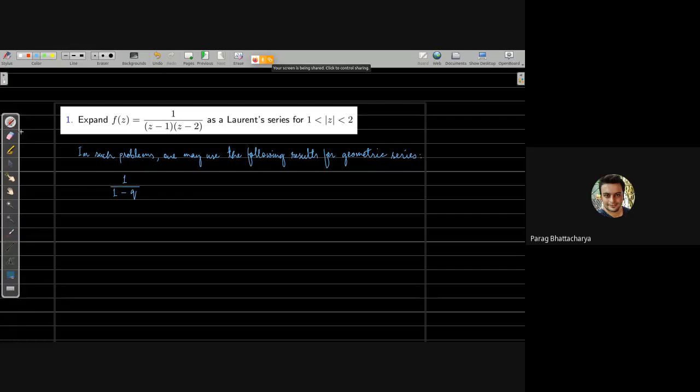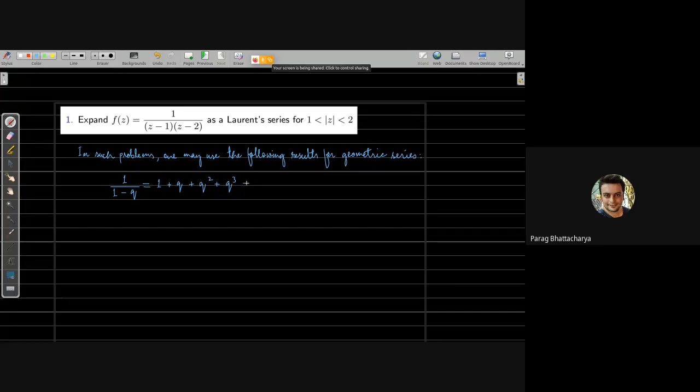Does anybody remember what this series is? This is basically a geometric series: 1 plus q plus q squared plus q cube and so on.